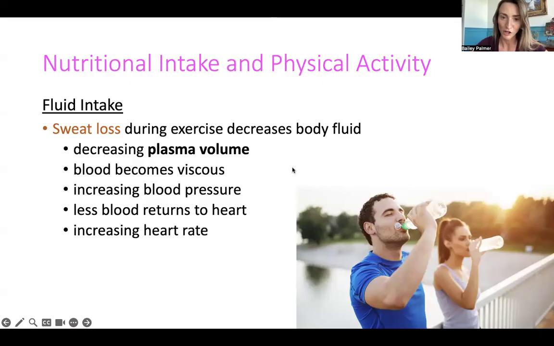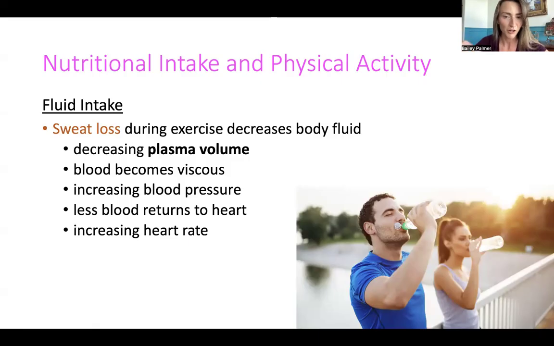This will actually increase heart rate because your body now has to work harder to get that blood back to the heart. And this is called cardiovascular drift. Basically, your blood pressure starts to increase and your stroke volume drops. Stroke volume is just how much blood is leaving the heart from the ventricles with every contraction.